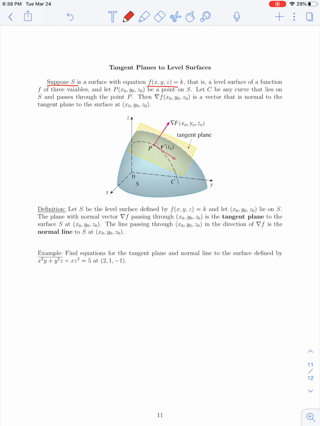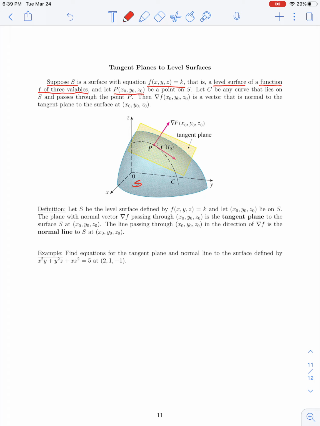So let's consider a surface S that is the graph of an equation f of x, y, z equals some constant k. This sort of surface, recall, is what's called a level surface of a function of 3 variables. Level surfaces are the surfaces you get by setting your function of 3 variables equal to different constants.